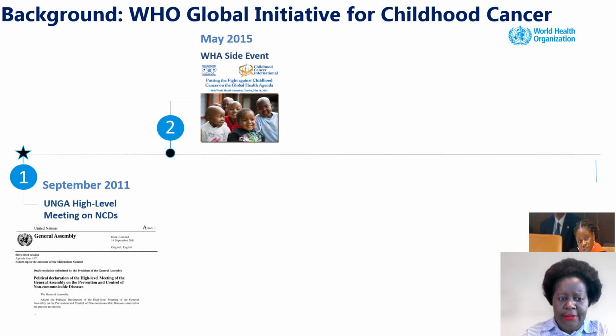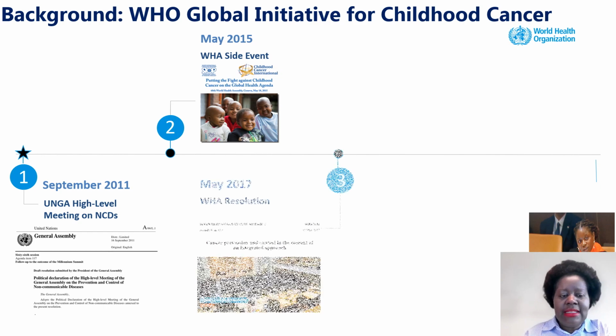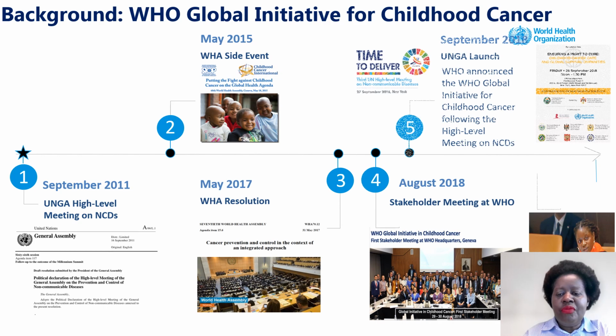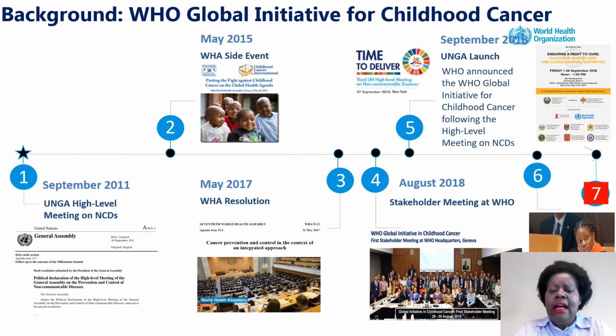As you will see from this slide, it gives the various points we have taken to get where we are. The key point is that the WHO Global Initiative for Childhood Cancer, following the high-level meeting on NCD, was launched in September of 2018.